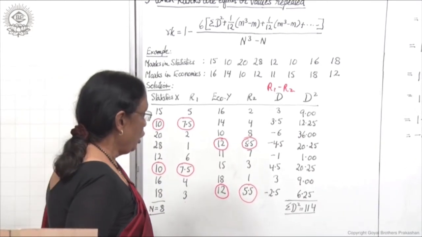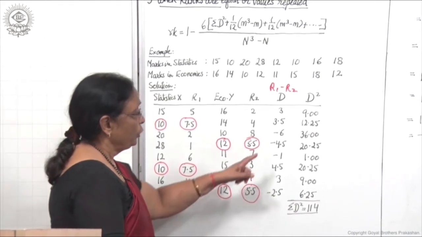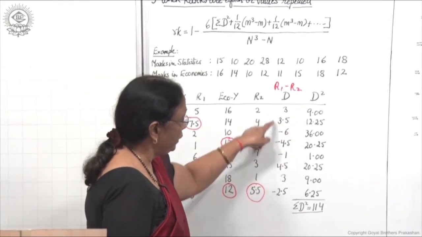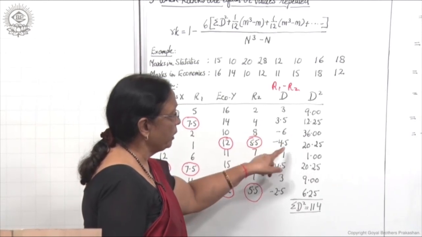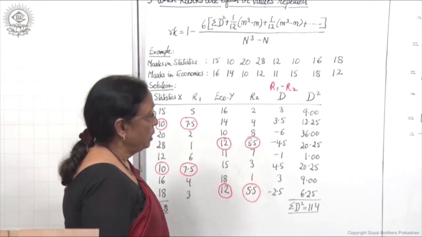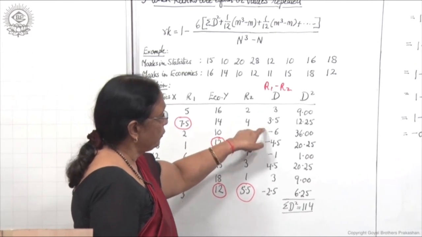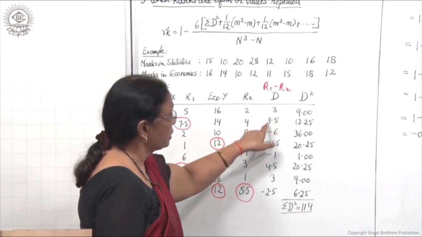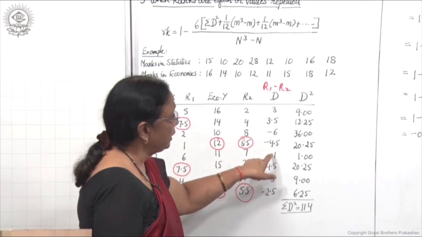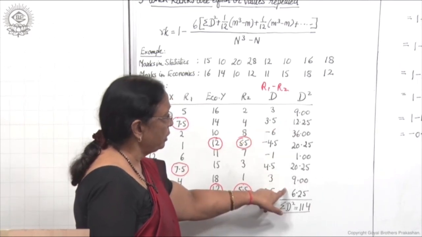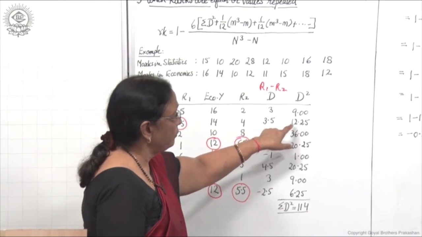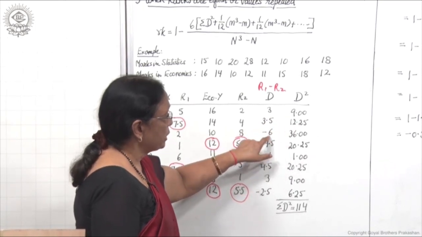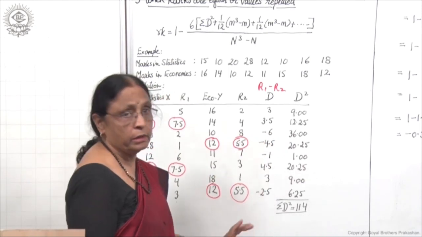Right? Now what next? You have to make the square of D column, and when you make the square, minus will become plus, and multiply these figures by the same values, individual values, and then get the squares of this column. 3 into 3 is 9, 3.5 into 3.5 is 12.25, 6 into 6 is 36, like this.